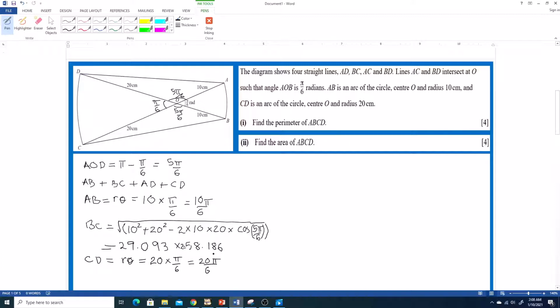Now, what I'll need to do is add all that together. So AB is equal to 10 pi over 6.